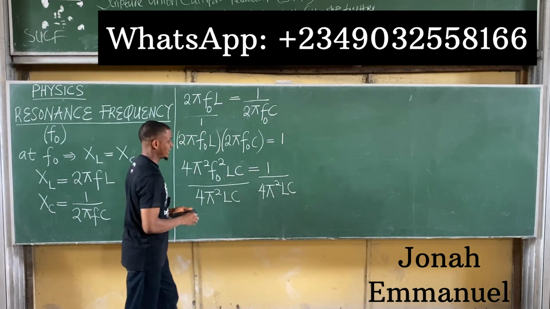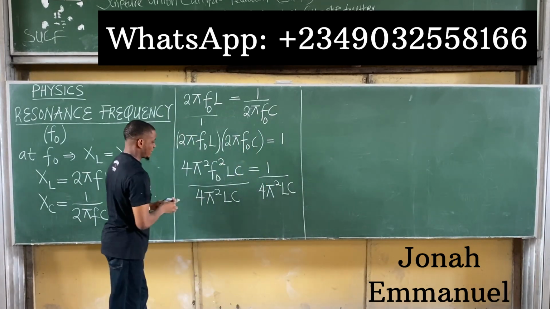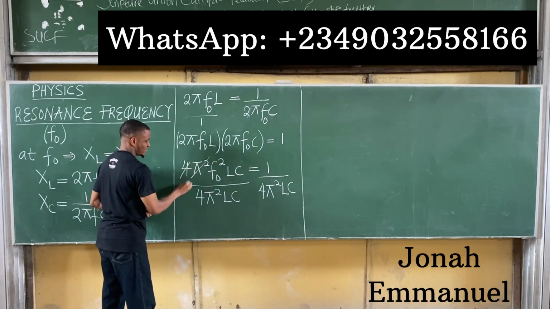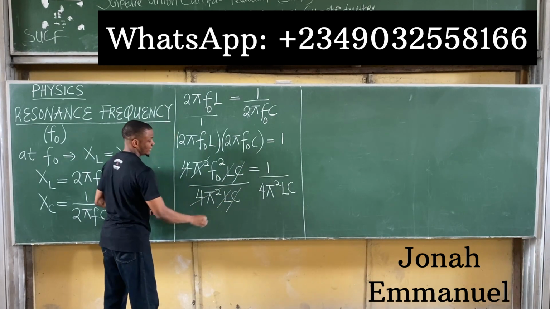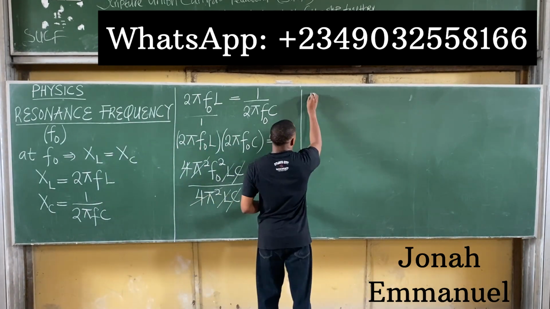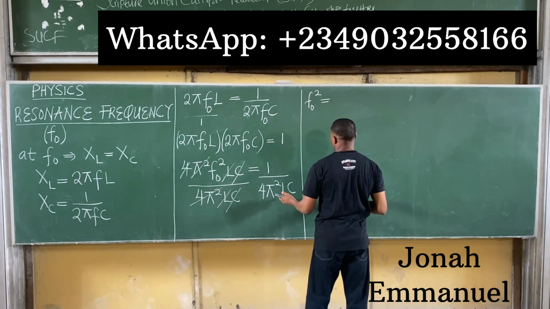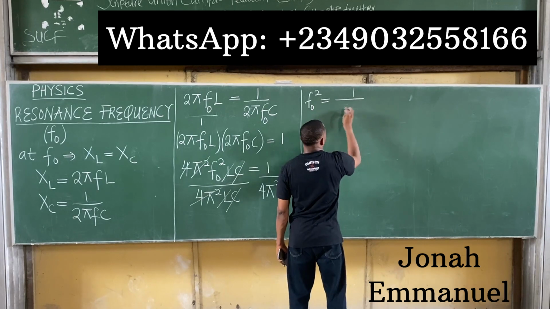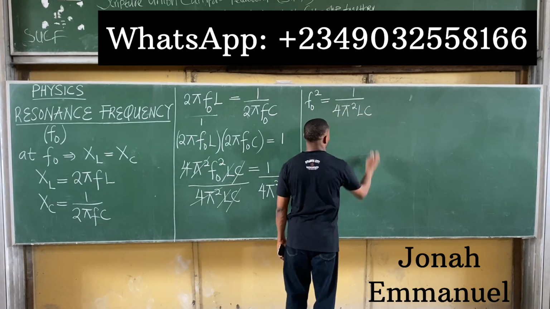All right, so what do you get? From here, you can see that this would cancel this. 4 cancels 4, pi squared cancels pi squared, L cancels L, C cancels C. So I'm left with F naught squared. So it means that F naught squared is equal to what I have here, 1 all over 4 pi squared LC.